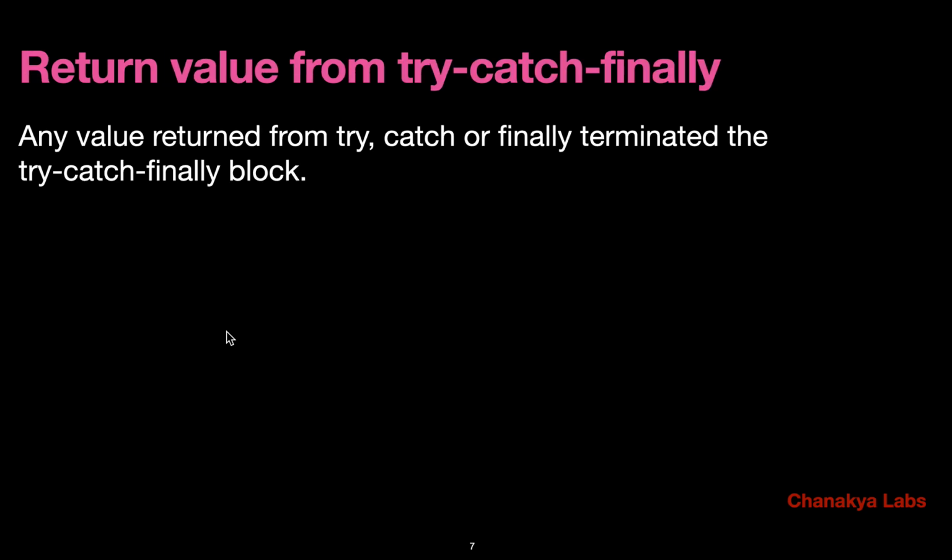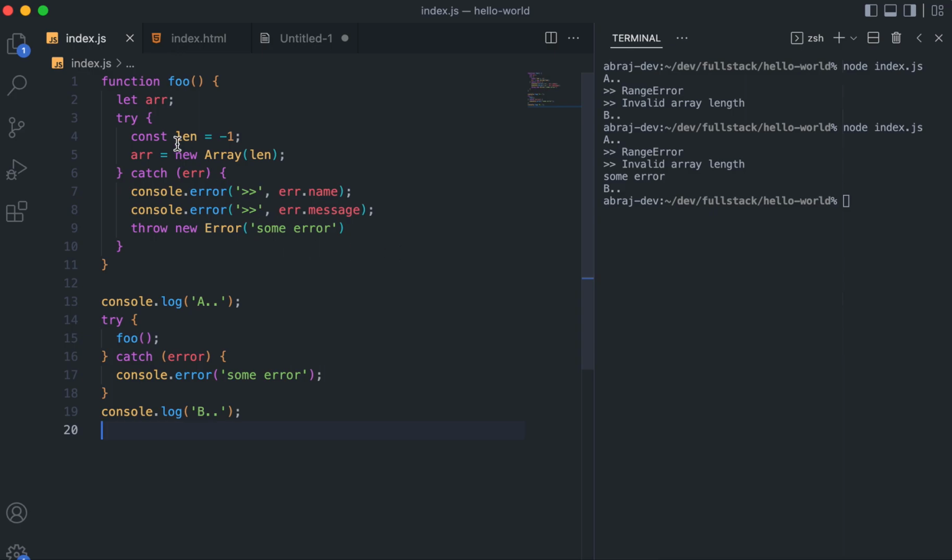And one more final thing is that you can return a value from inside try, catch, finally, and that will be the final terminating value of the try catch block. So essentially, let's say this is some function, something like isValidJSON. Is it a valid JSON or not, and I'm going to pass a string.